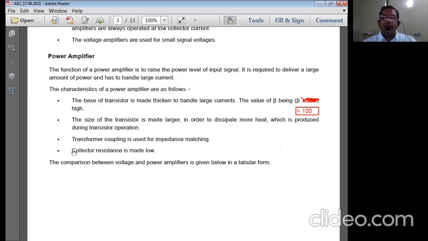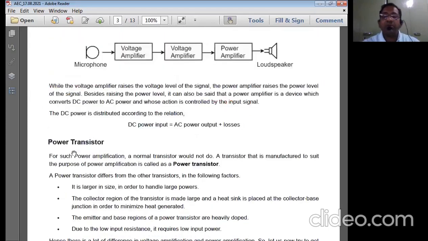You may have more than one power amplifier in the chain. You have seen a chain of voltage amplifiers; you can have a chain of power amplifiers as well, right? But the last stage of the power amplifier is coupled to the transformer, so that the output of the transformer is connected to the input of the loudspeaker in order to achieve impedance matching.